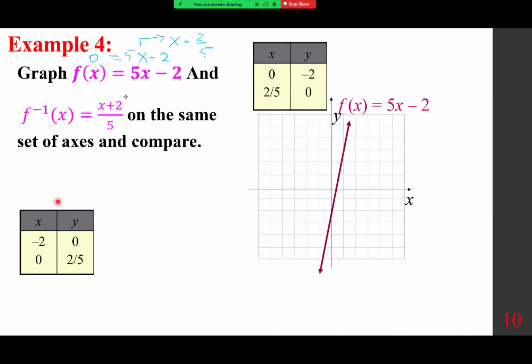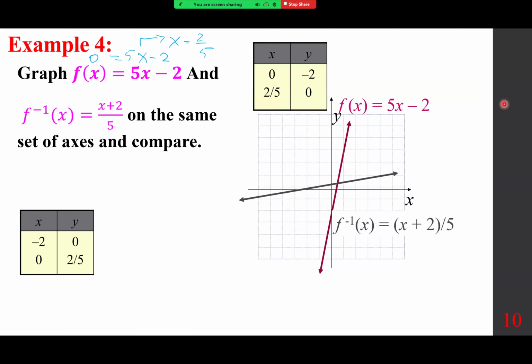You can try it if you just plug it in. So you can find those pairs, minus 2, 0 and 0, 2/5, and you connect them, and that gives you f inverse of x, which is x plus 2 over 5.